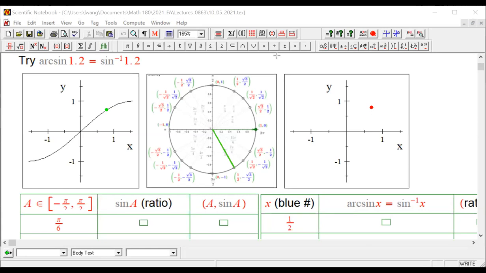No. You cannot even pass these two quadrants. You cannot say, I'm going to turn it and get 5 pi over 3. With 5 pi over 3 is negative root 3 over 2, will that answer be okay? No, that answer is completely wrong because your answer has to be between negative pi over 2 and pi over 2. Do you guys get it?